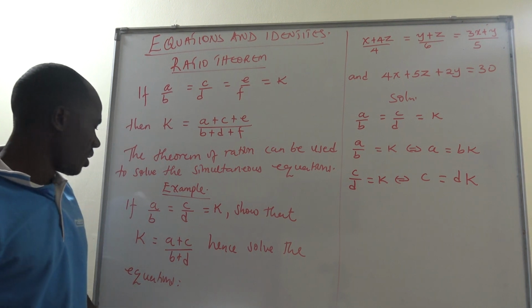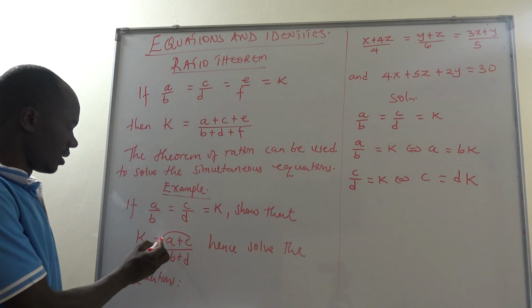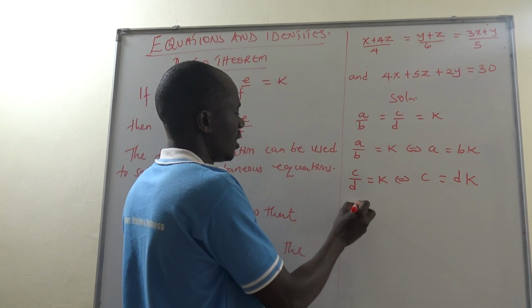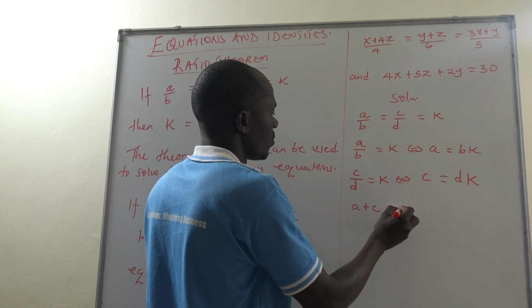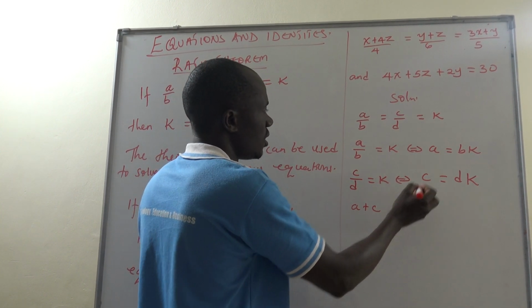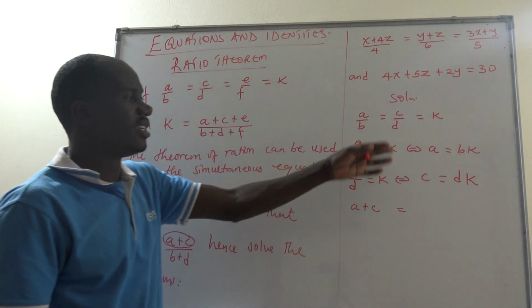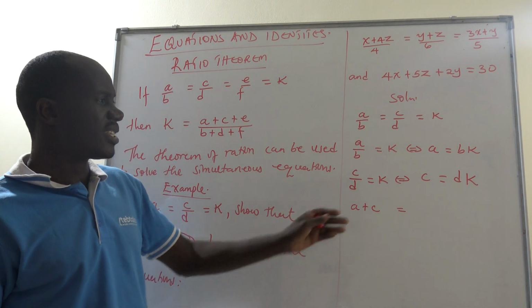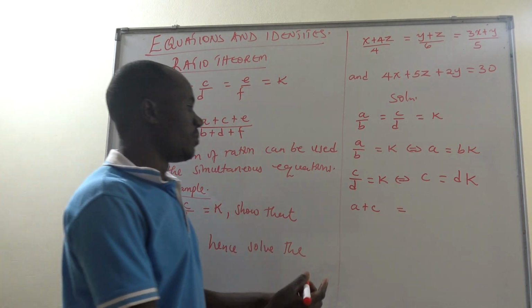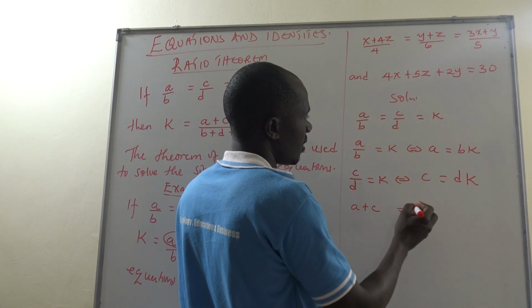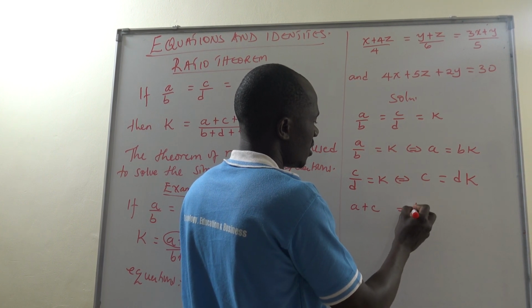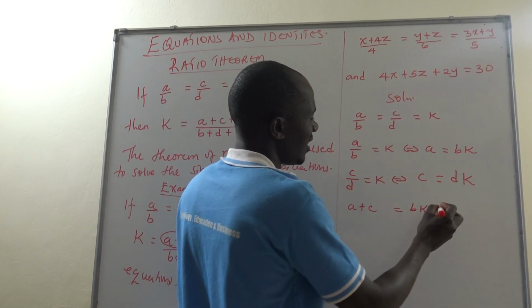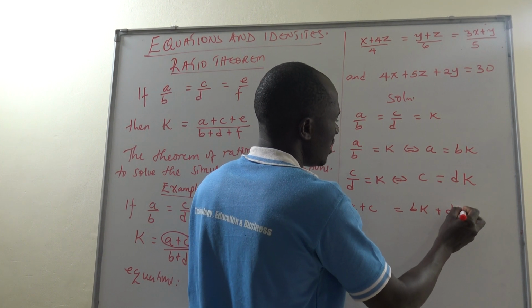Then from these ones we can start, and I can use this. I can say from A plus C equals, because these are the two things which I have, when I add the two, I can say maybe 1 plus 2. So what is A? A is already BK. We are substituting that. Our A is already BK plus, do we know our C? Our C is already DK.